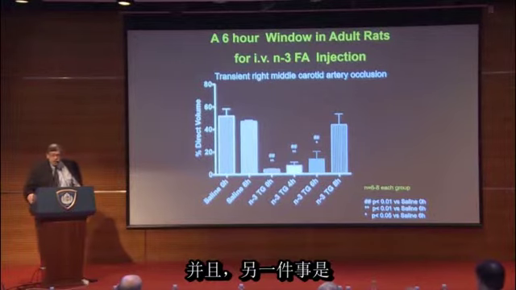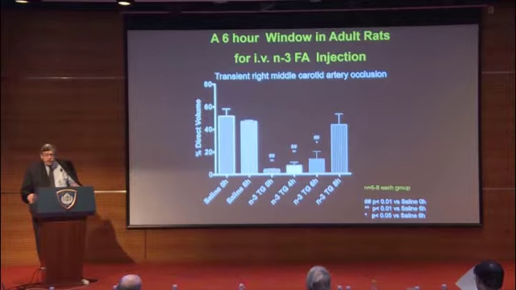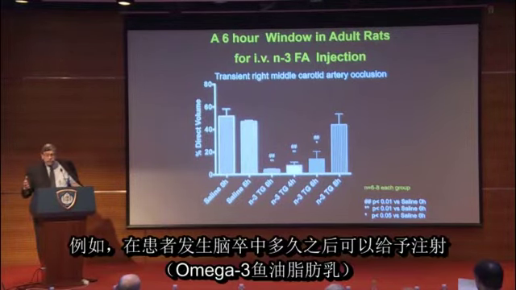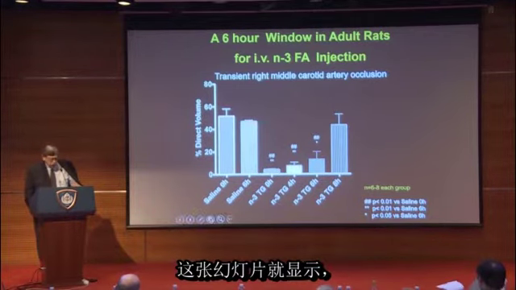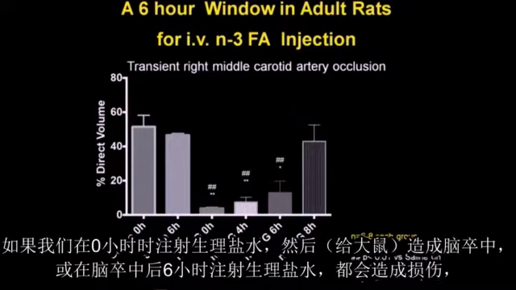The other thing is, it's very important if we're going to have a therapy for stroke, we need what's called a window: how long after the patient has the stroke that you can give the injection. This slide shows rats with right middle cerebral artery occlusion. If we inject saline at 0 hours right after the stroke, or 6 hours, there is damage.